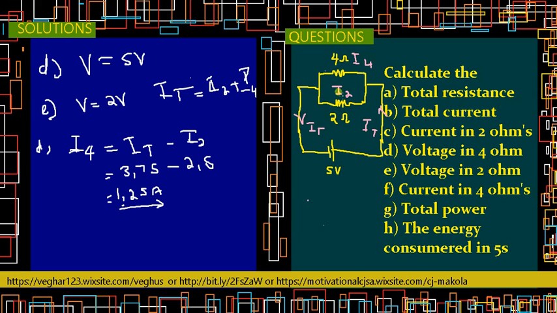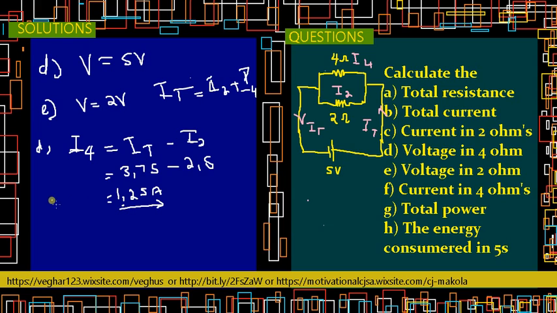That is why the current is more on the side where the resistor is small. You can see the current in I4 is 1.25 and the current in I2 is 2.5 amperes. The current finds it difficult if the resistor is bigger, and if it's smaller the current flows easily.